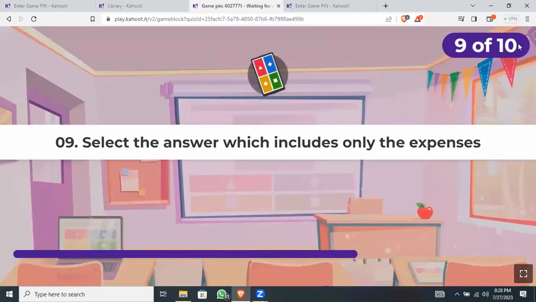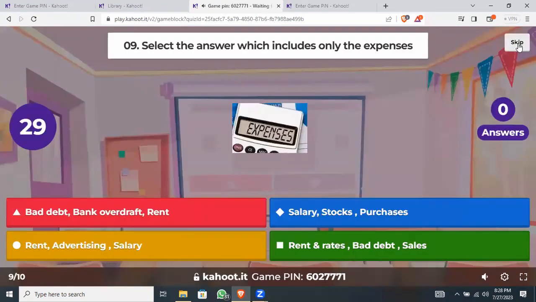Select the answer which includes only the expenses. Another 15 seconds more.